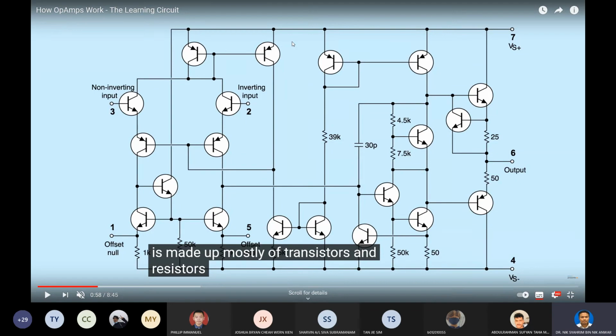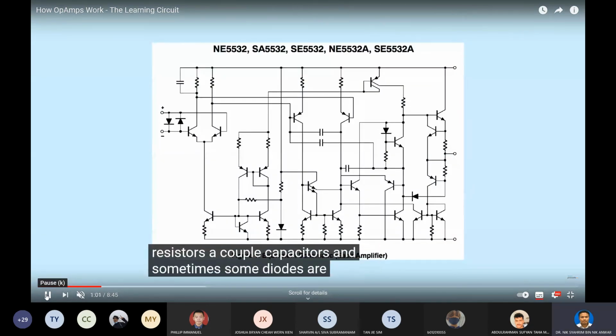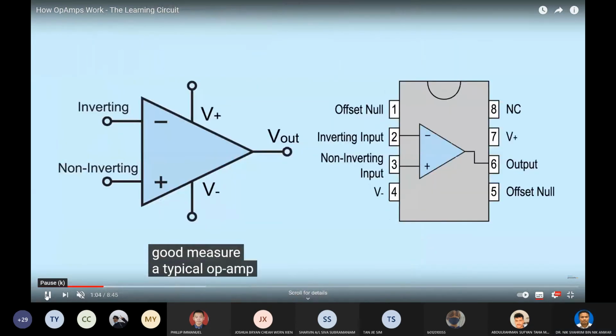While the transistor is more fundamental, maybe the smallest building block that is available. Okay, so this is again the internal circuitry.